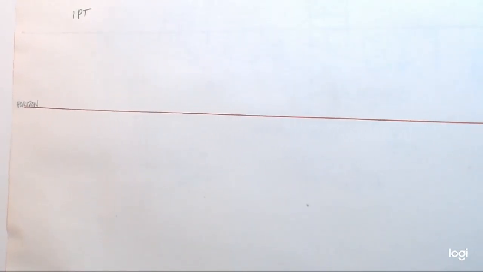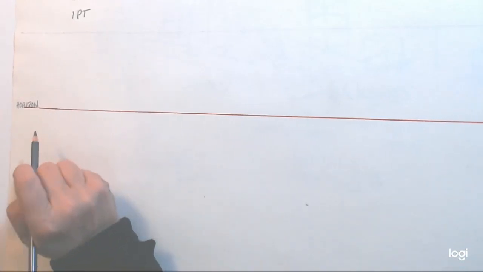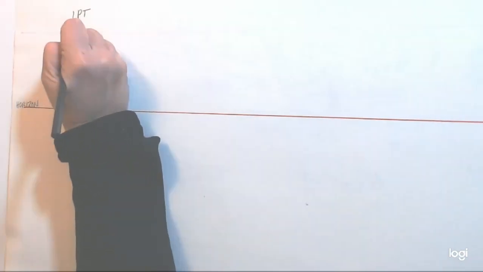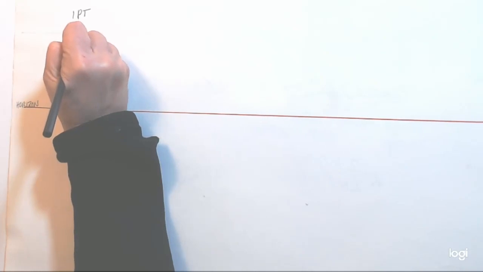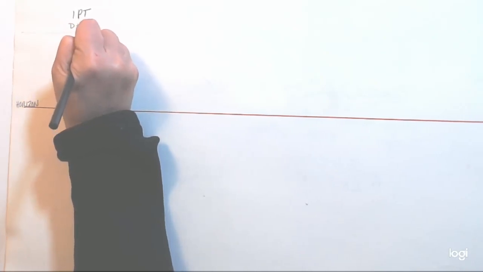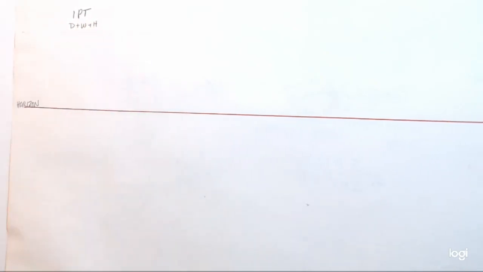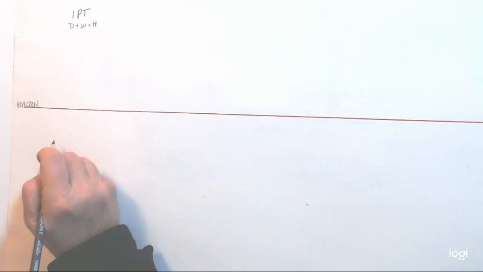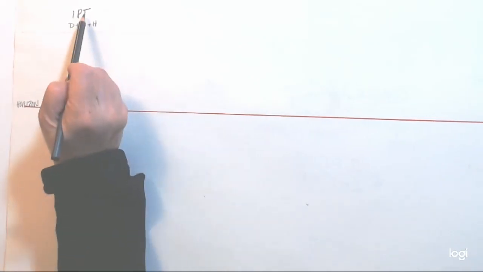All objects have a depth plus a width plus a height. It may not be that simple, it might not always be as straight as a cube, but you'll have that. We're going to start with a cube, and we're going to start with 1-point perspective.